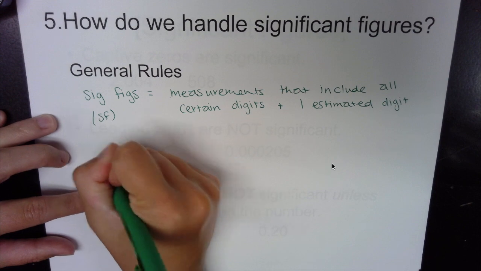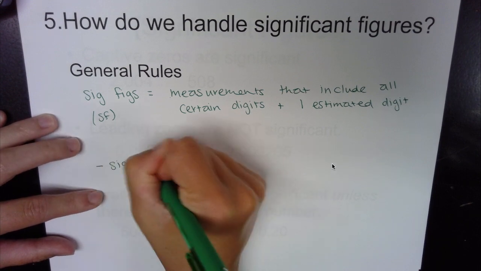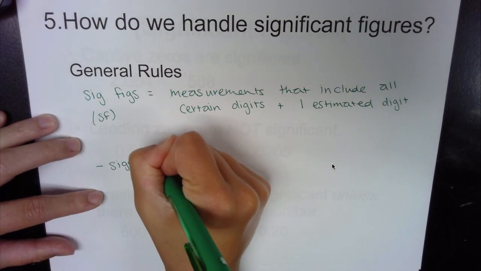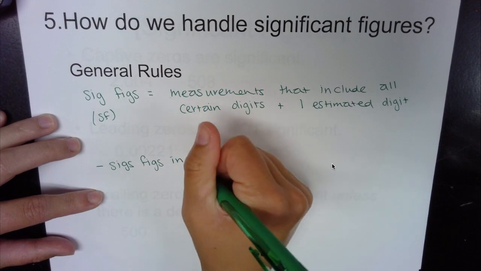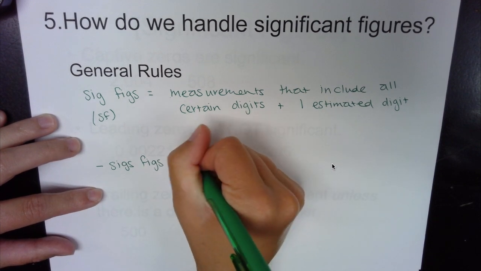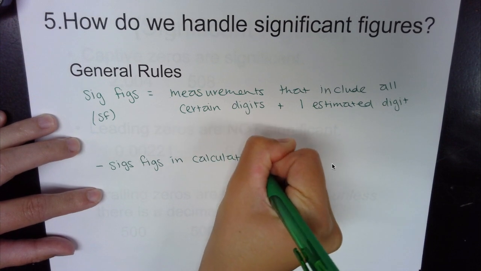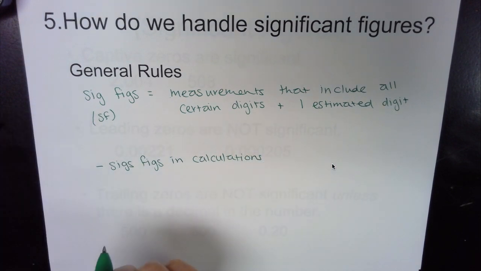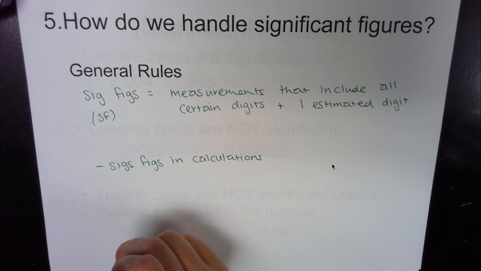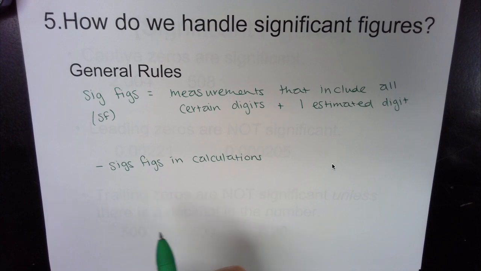Often we see sig figs in calculations. And that just comes from when we take measurements and accounting for that uncertainty that arises. And some rules with sig figs.